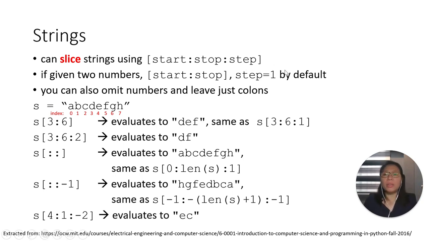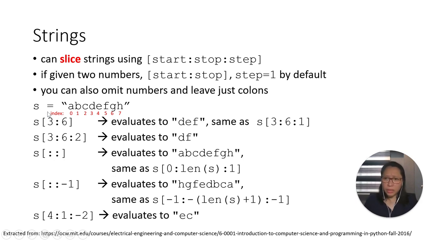If we are given only two numbers, that means it's start, colon, stop, and step by default is 1. We can also omit all the numbers, but we have to put the colons like this.